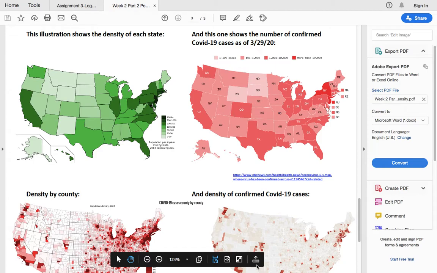To the right of it, show the number of confirmed COVID-19 cases. We can see that the states that have a higher population density also typically have a higher spread of COVID-19. States that have a lower population density typically have a lower spread of COVID-19.